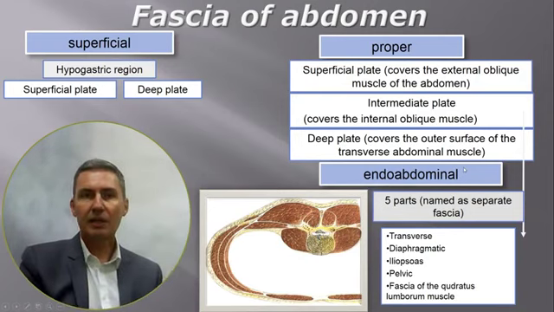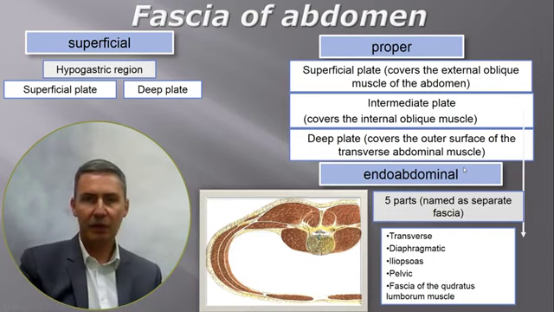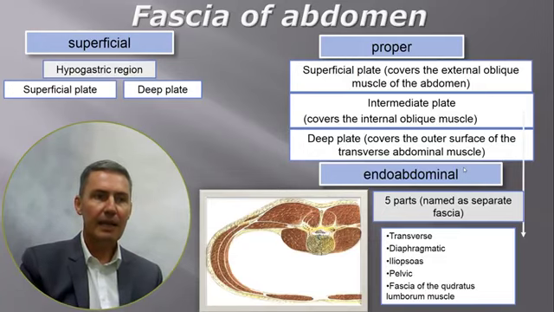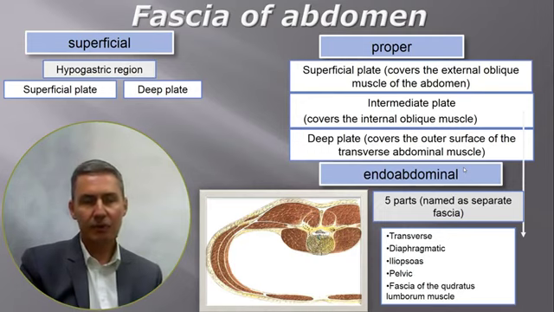As usual, superficial and proper fascia of these regions are present. The feature of the superficial fascia of this region, in the hypogastric region, is that this fascia splits into two plates, the superficial plate and the deep plate.